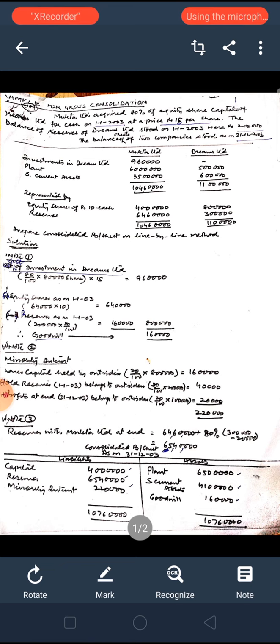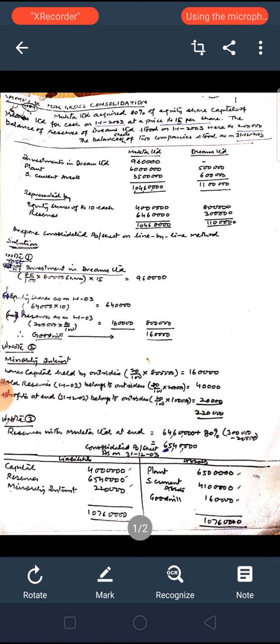The balance sheets of the two companies as on 31st December 2003 are given. Investments in Dreams Limited are 9,60,000, held by the investor company.